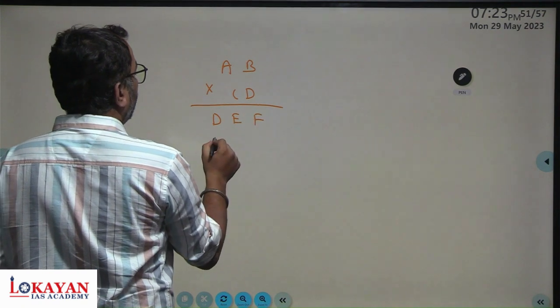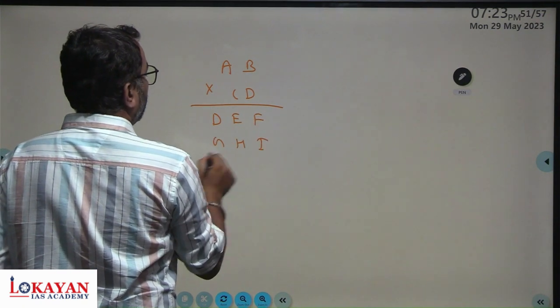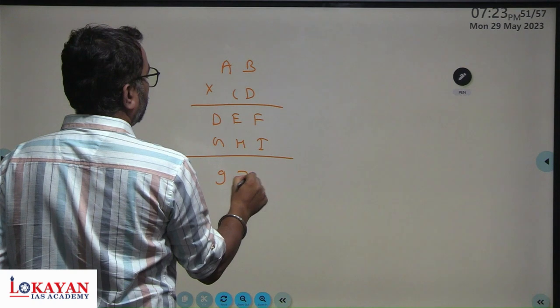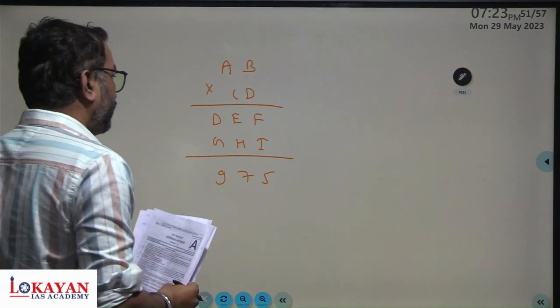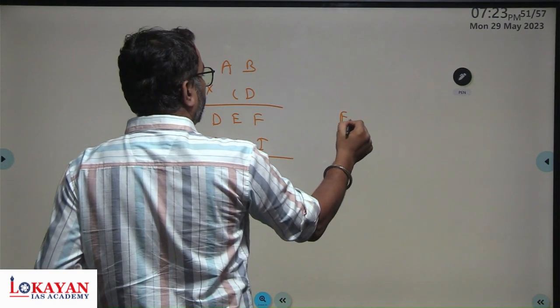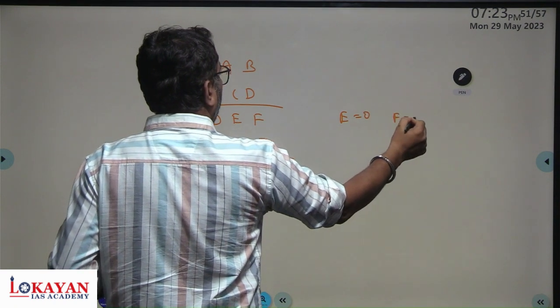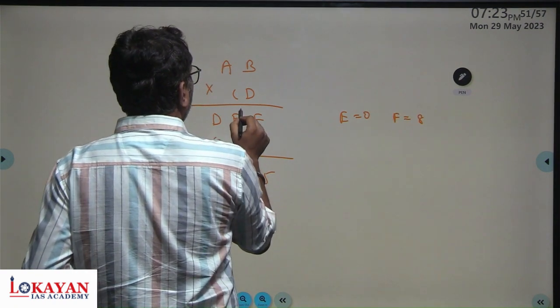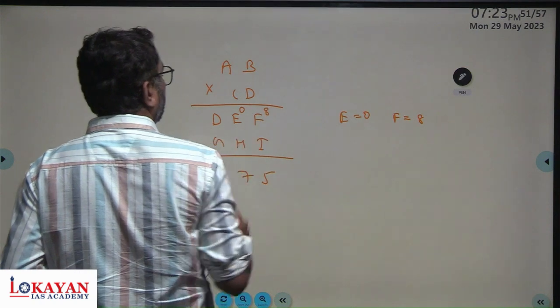And adding DEF to GHI gives me 975. Additionally, they have said E is equal to 0 and F is equal to 8. So here it is 0, F is 8.